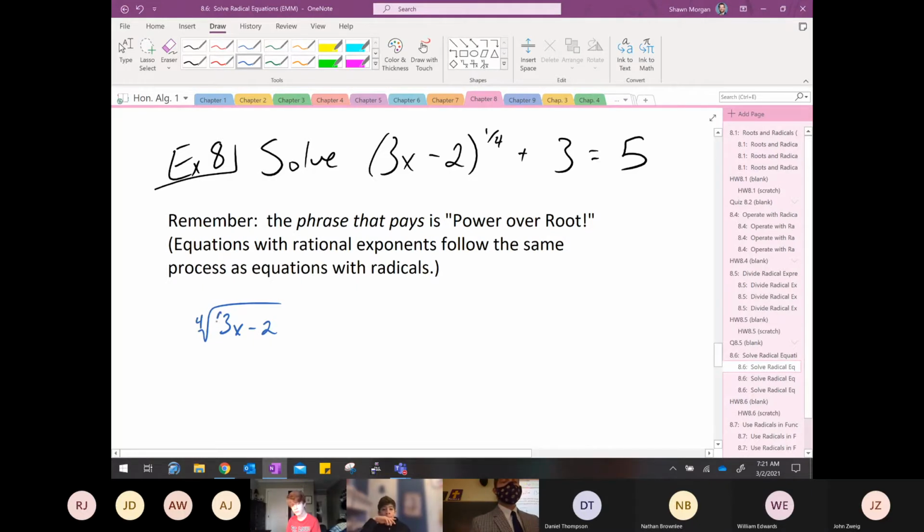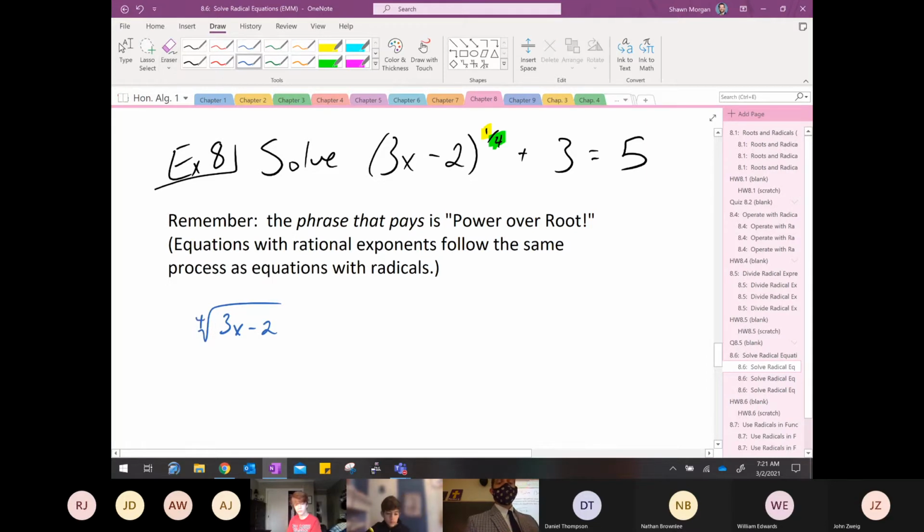It's very atypical to see somebody say this expression raised to the first power, but that's precisely what we're talking about. Power over root. So that rational exponent, we could express as a radical.